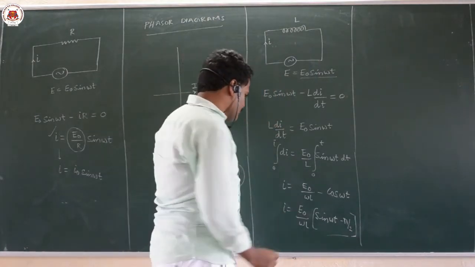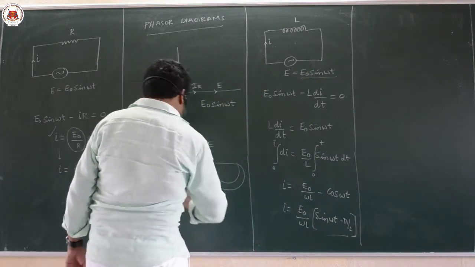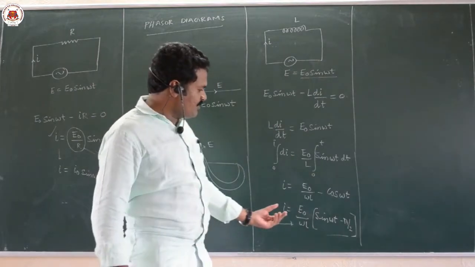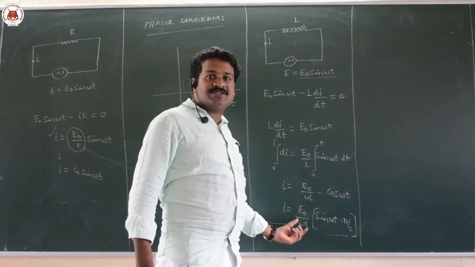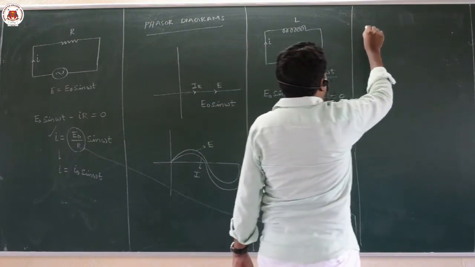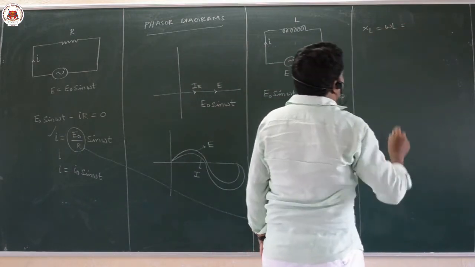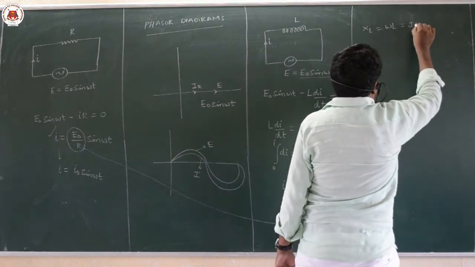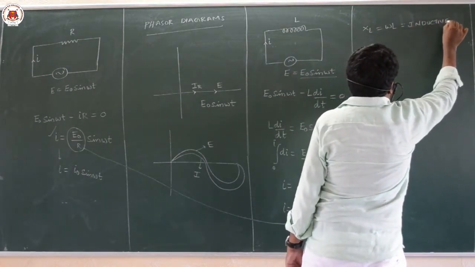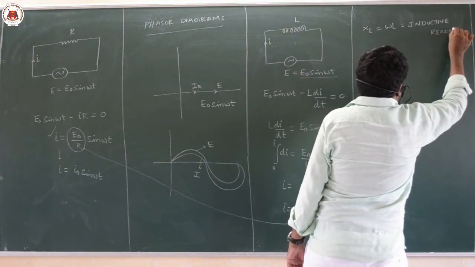This omega L, when you compare with the previous equation, is in the place of resistance. So this plays the role of resistance in this case. We call it reactance, XL. XL is equal to omega L, the inductive reactance. I already said an inductor opposes change of current.